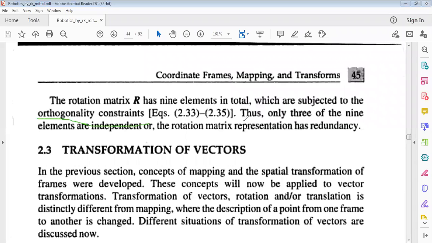Only 3 of the 9 elements are independent, so the rotation matrix has redundancy. You can see in the rotation matrix there are 9 elements, of which only 3 are linearly independent.